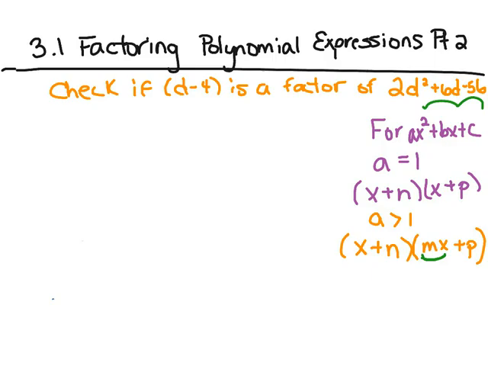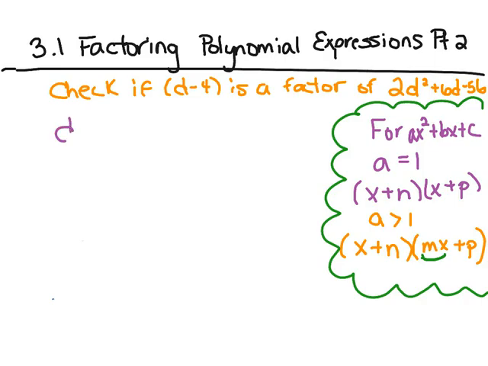So we use this knowledge, that we know this, when we want to test d minus 4, we're going to do our d minus 4. And for our second variable, we're just going to pick any numbers. So let's say m and d plus p.